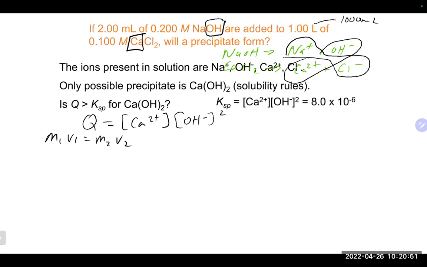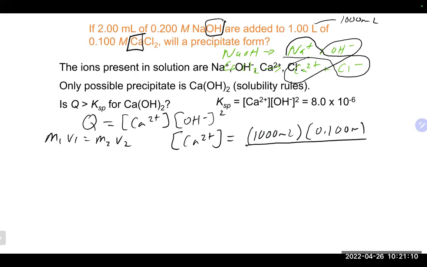So if I want the calcium concentration in the mixture, it would be our 1,000 milliliters, which is 1 liter, times the molarity, which is like M1V1, divided by V2, which is the total volume, which is 1,000 milliliters plus 2 milliliters, which would be 1,002 milliliters.